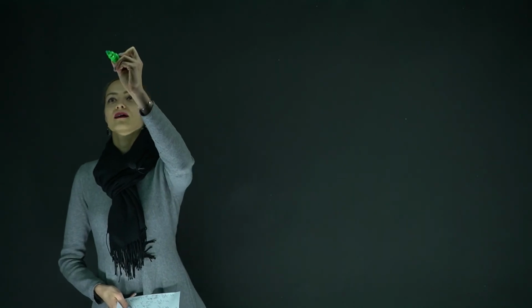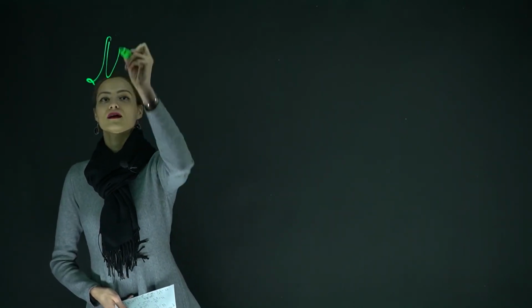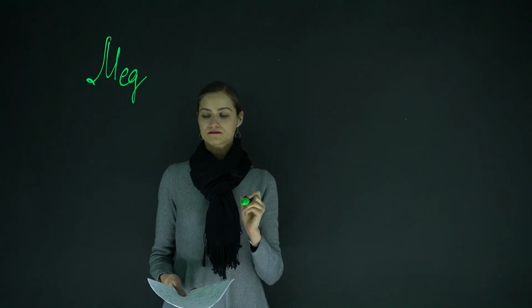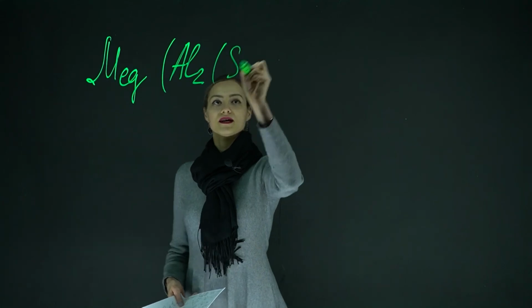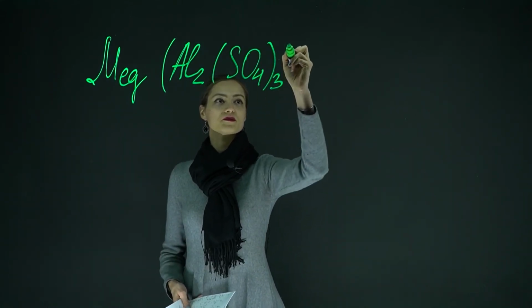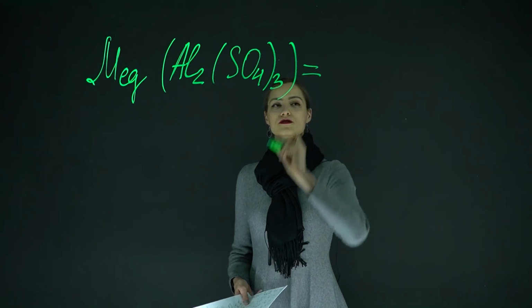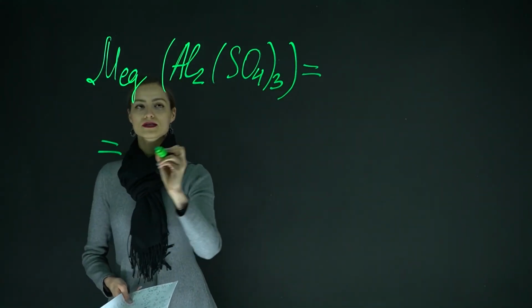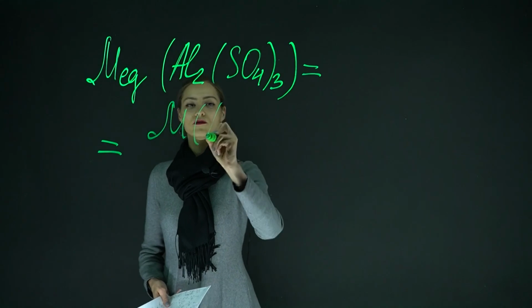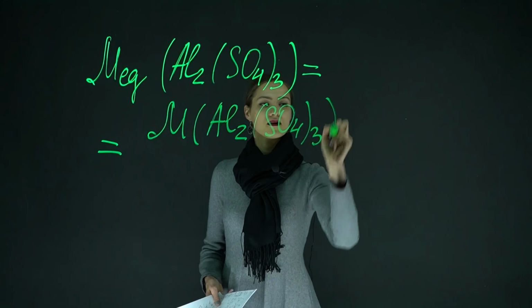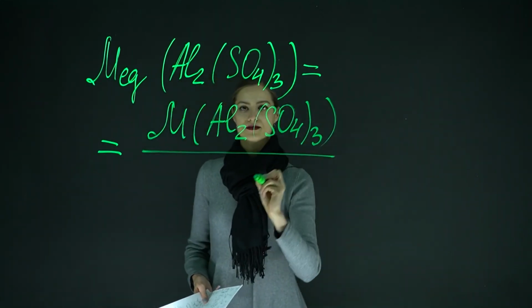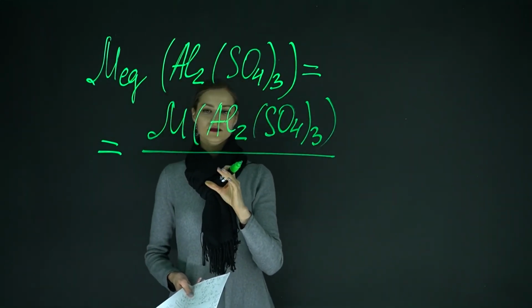And the last example, we need to calculate equivalent mass for a salt. Let's take this salt, aluminium sulfate, Al2(SO4)3. For a salt, we calculate equivalent mass as the molar mass of this salt, almost the same as for oxides.